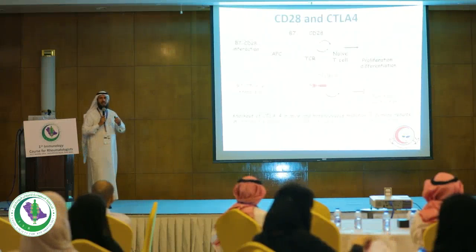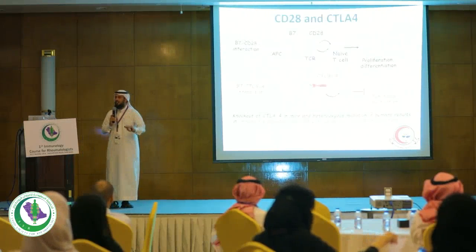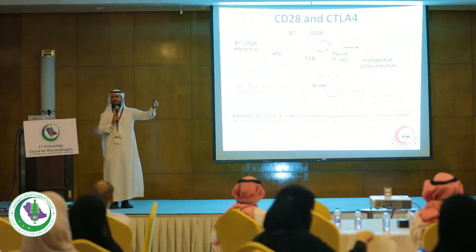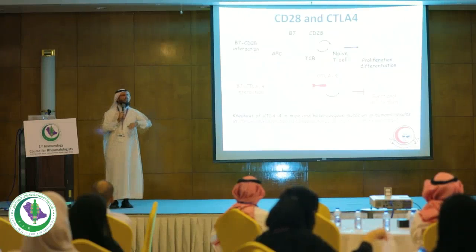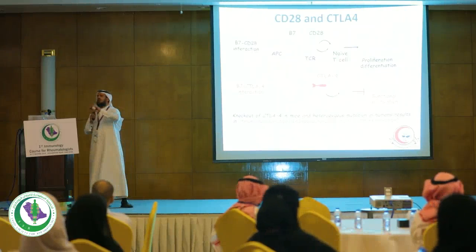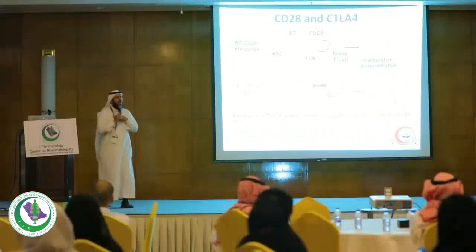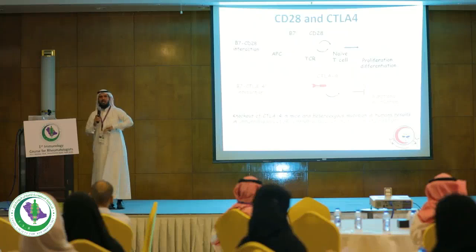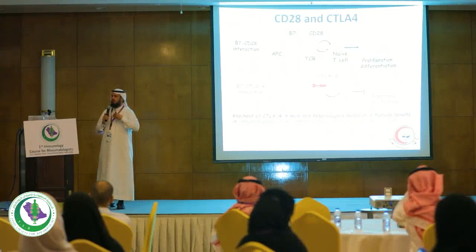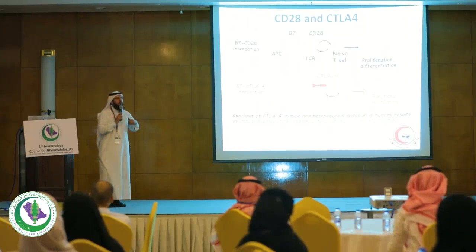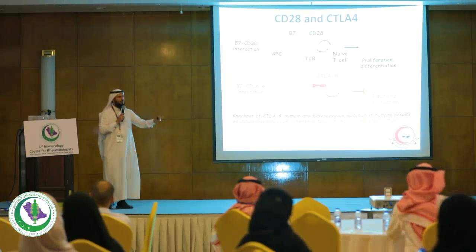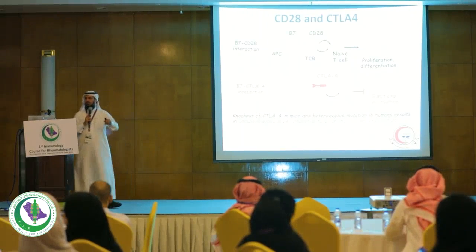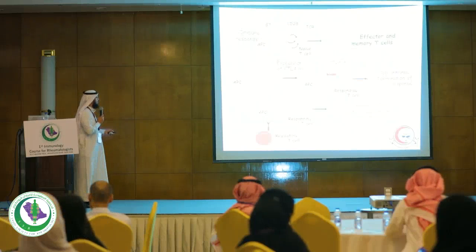So we know that CTLA4-deficient patients have what? Autoimmunity and inflammation. They have T lymphocytes in all systems, in the lung, in the colon, so they have colitis, arthritis, and also pneumonitis. If you take a biopsy, you will find a lot of T lymphocytes, because we didn't have any inhibition for the T lymphocytes to proliferate.